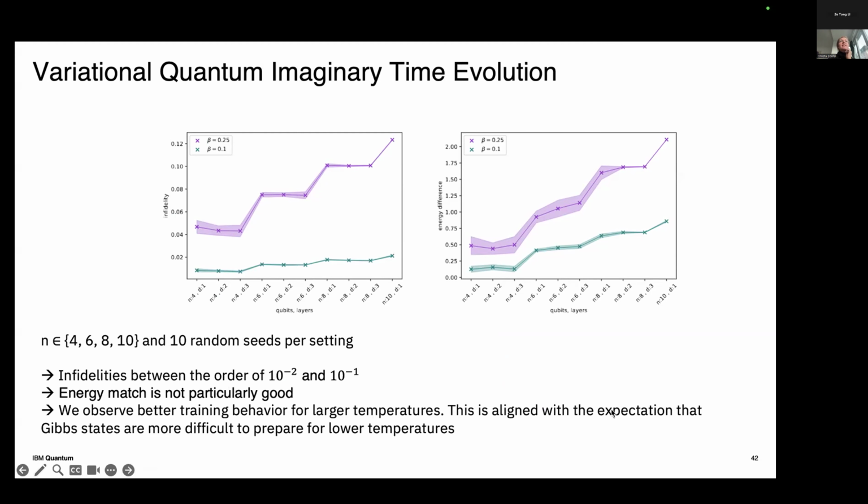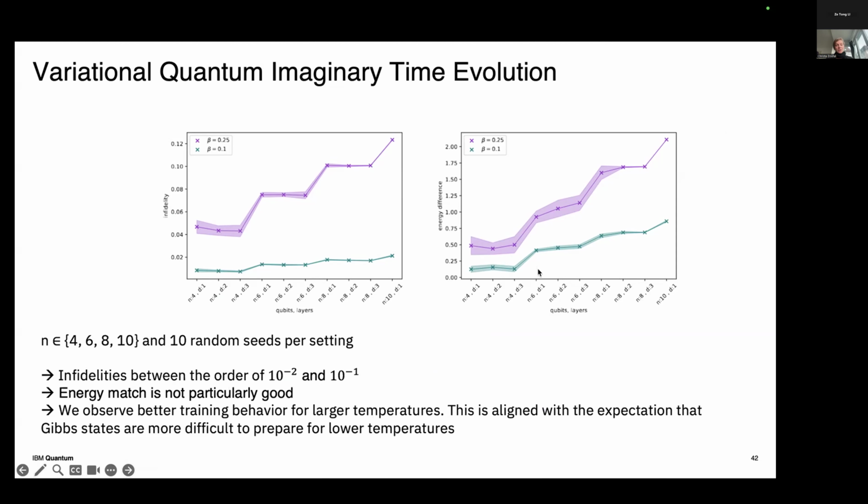Now, what we can see right away here is that the infidelities are significantly worse than what we've seen before with the fidelity matching. So evidently the cost function is quite a bit unstable. The energy matching also suffers and the accuracy is not really great.